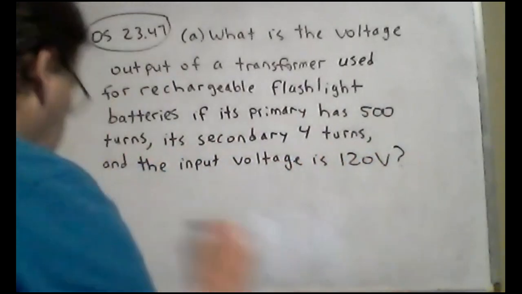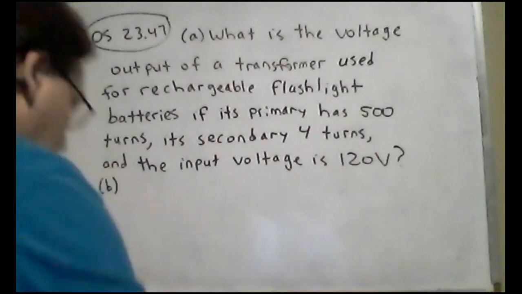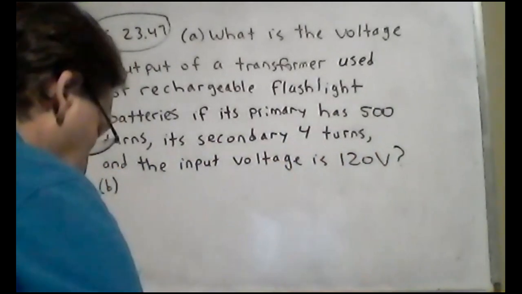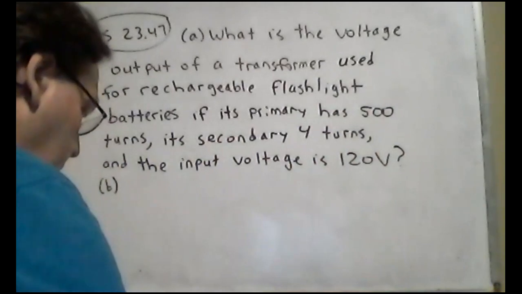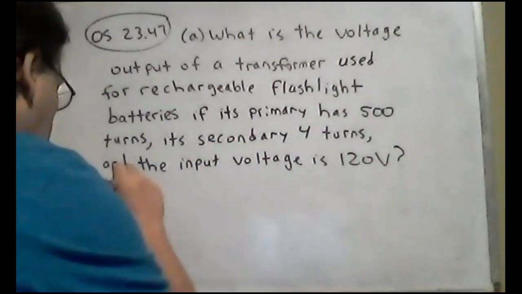All right, and then B. B says, what input current is required to produce the 4.00 ampere output?